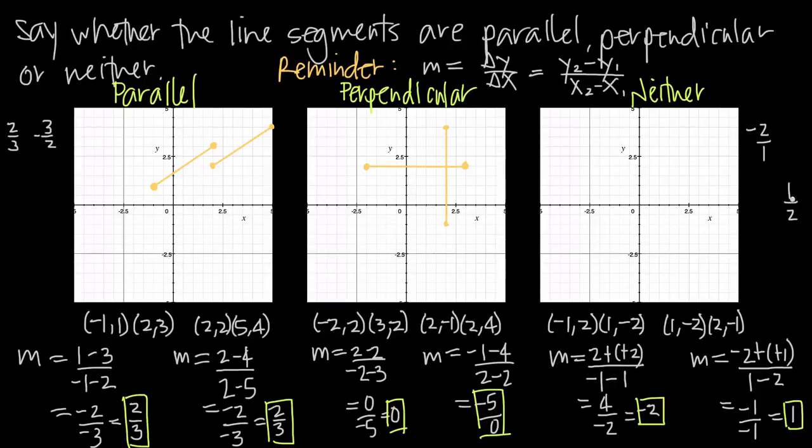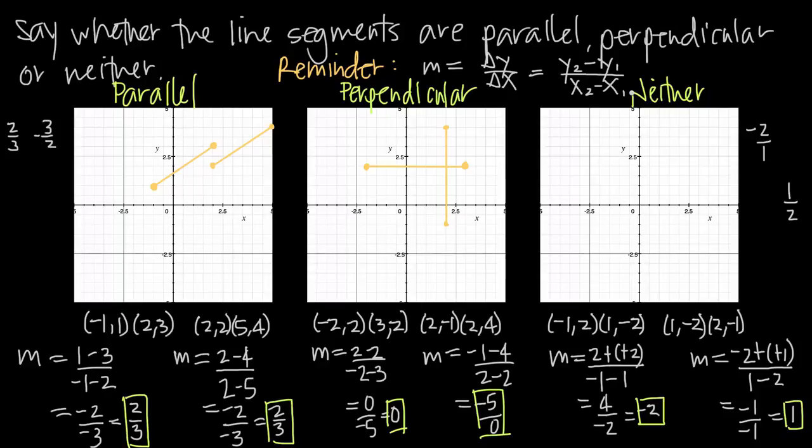In other words, when you're dealing with the negative reciprocal, one is going to have a negative sign and the other will not. So the negative reciprocal of -2 is +1/2, but I don't have +1/2, I have a +1. So -2 and +1 are not the negative reciprocals of each other, and therefore I can say that these lines are not perpendicular. And obviously because the slopes are not the same, I can say that they're also not parallel.